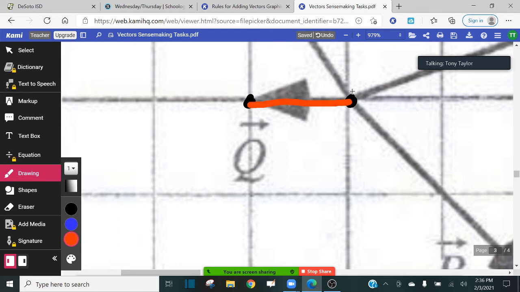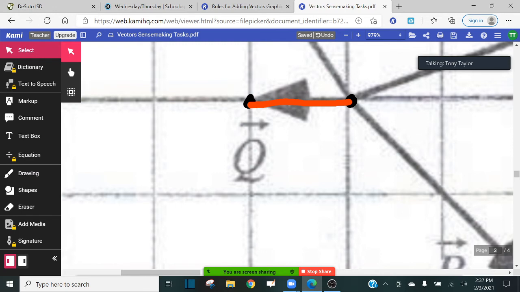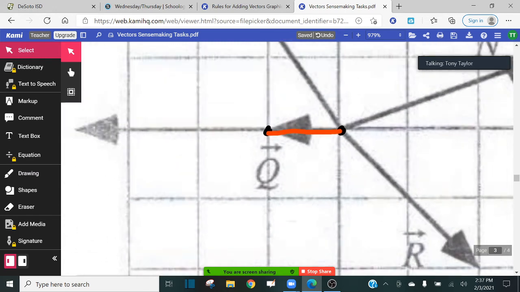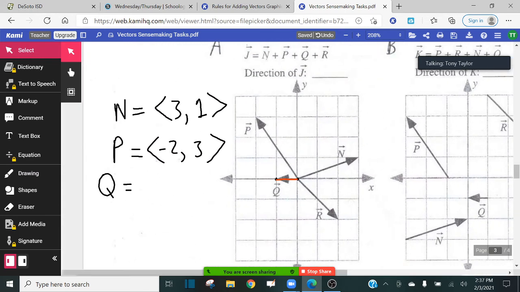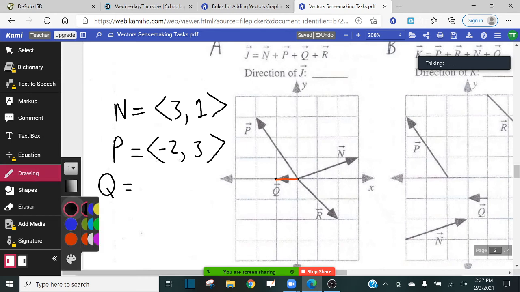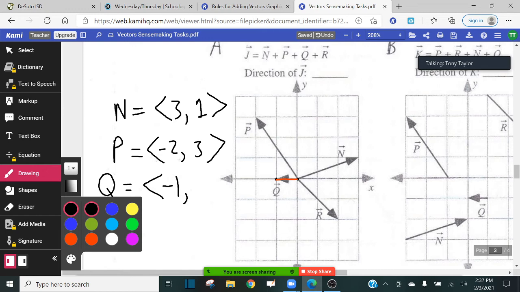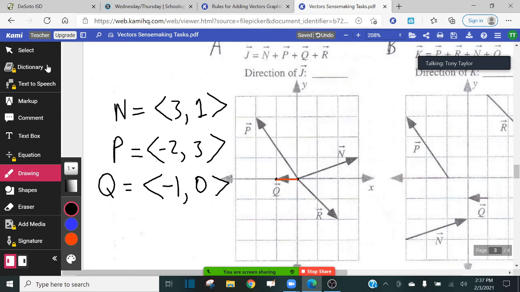But I notice I don't go up at all. I don't have any y components on Q. So this vector here, Q, is -1, 0, right? Since I'm not moving at all in the y direction, I'm going to call that just 0.